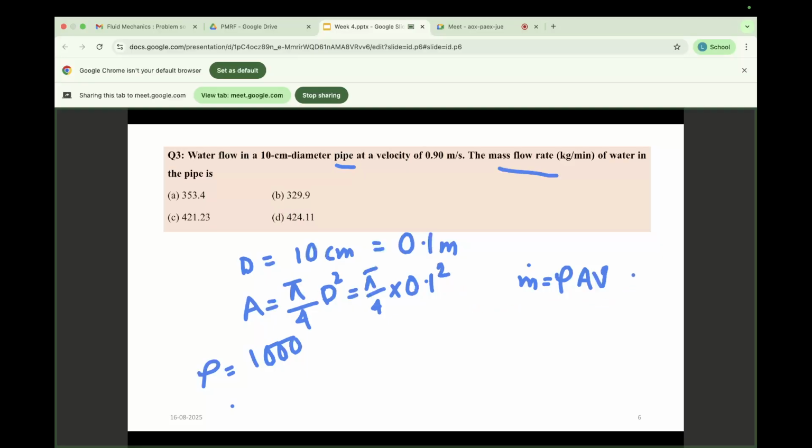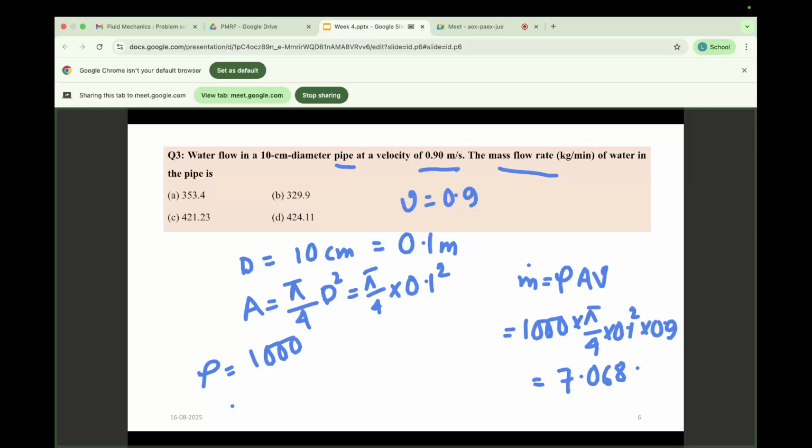And the velocity given is 0.9, in meter per second, so no need to convert. So I can write 1000 into pi by 4 into 0.1 square into 0.9. If you calculate this, you will get about 7 point something as the answer.